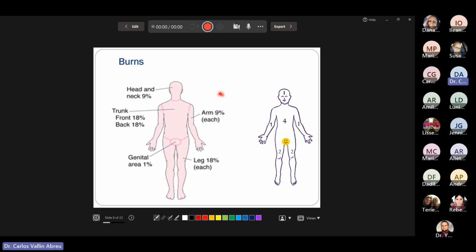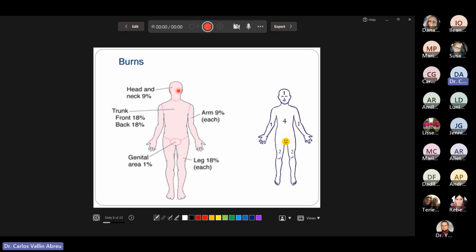For that purpose, I suggest you divide the body in head, extremities, and trunk, remembering that the head and the upper extremities are relatively small, so we will allocate only 9% of the body surface area for each one of these areas.